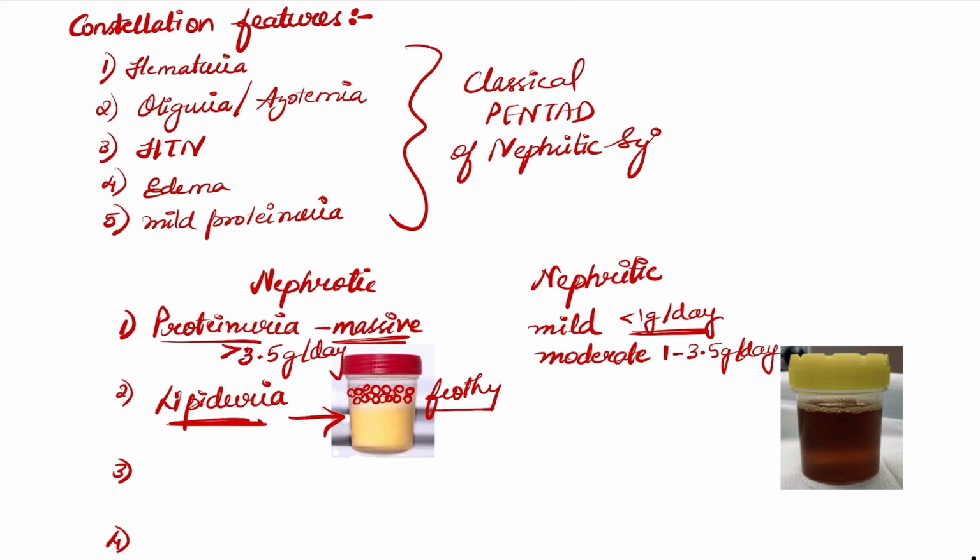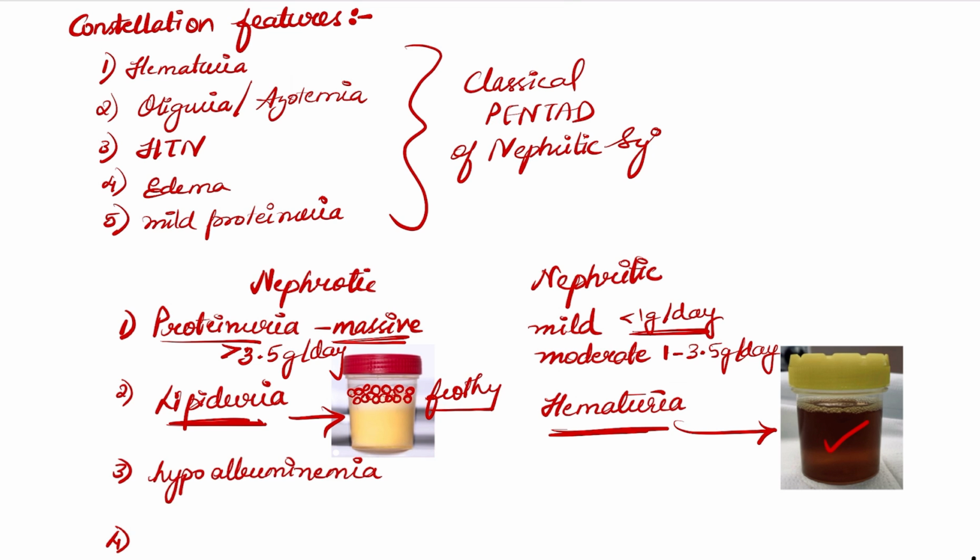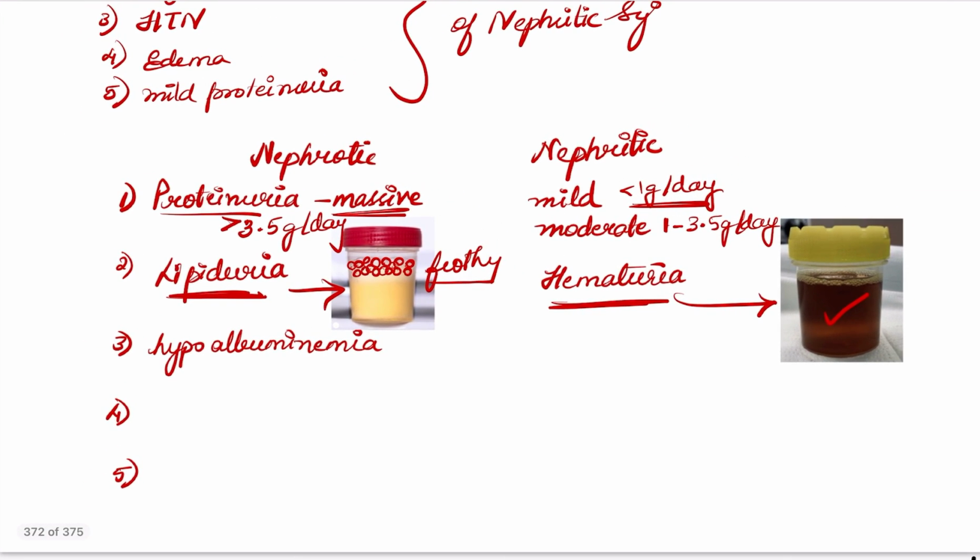Whereas in nephritic syndrome, there is hematuria giving rise to smoky or cola colored urine because of lysis of RBCs. And in nephrotic, because of proteinuria, the protein levels in the blood go down, mainly albumin.